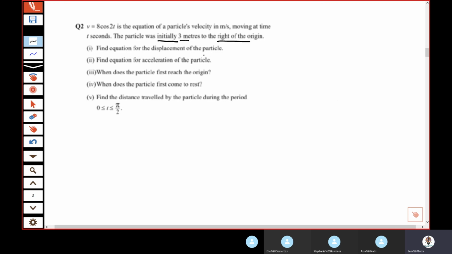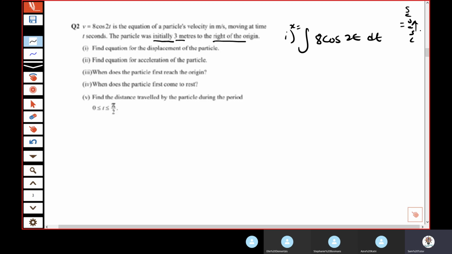Okay, let's do this question. Find the equation for the displacement. To find the displacement, of course, we're going to integrate v. So I'm going to write x equals the integral of 8 cos 2t dt. Hopefully we know that whole SC thing by now. Going up is going to be integration.